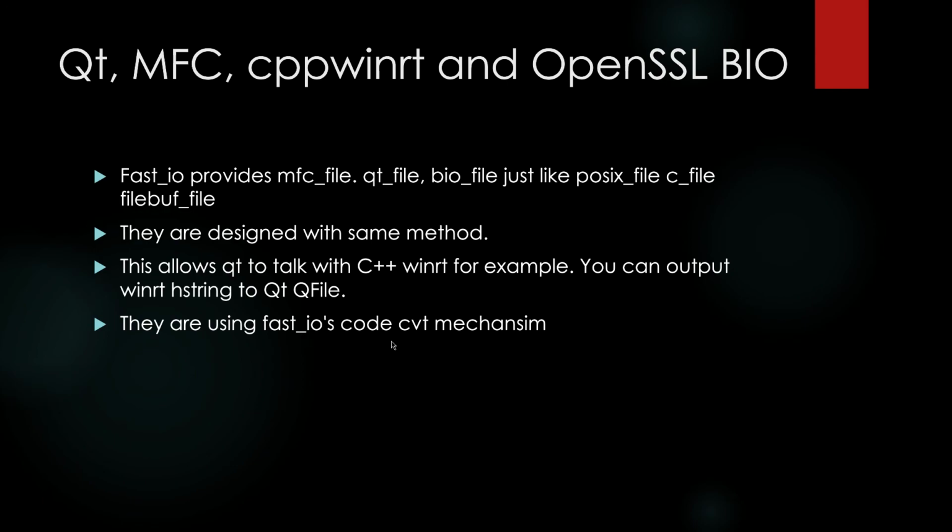So they are using FastIO's code CVT mechanism to do code conversion to ensure that works. OpenSSL BIO is the one we will most support, and also MFC. So if you're developing in these environments, everyone is just creating their own I/O library, right? It just tells you that iostream doesn't work. So they will work under the same interface, and you will be able to output them with FastIO.